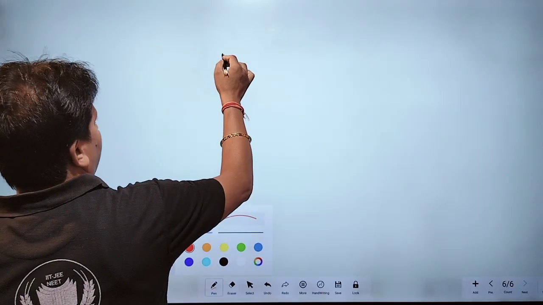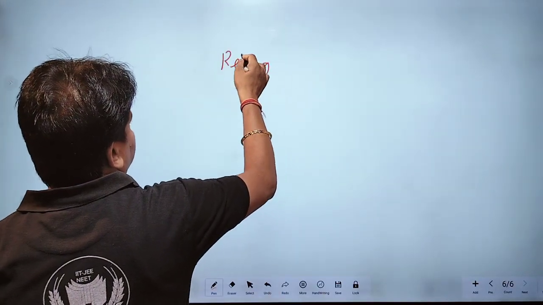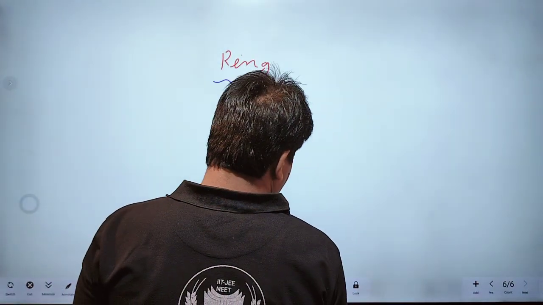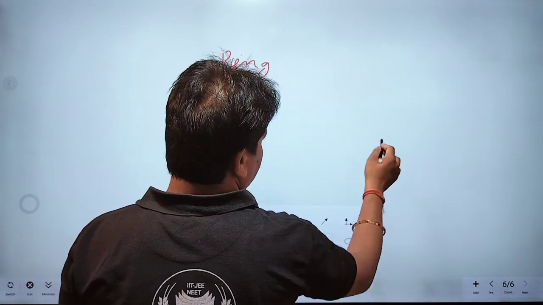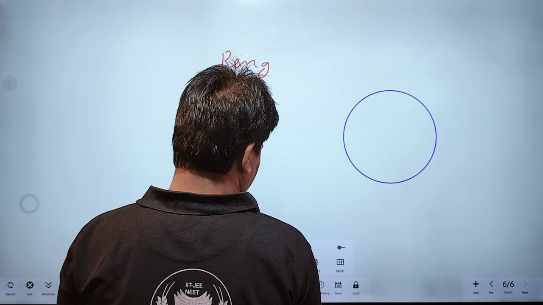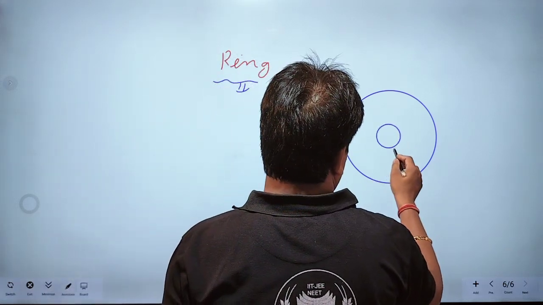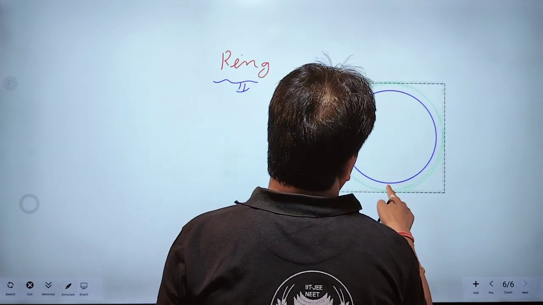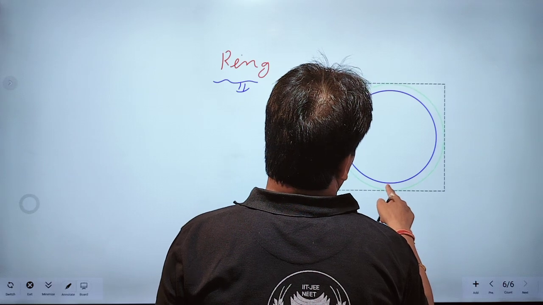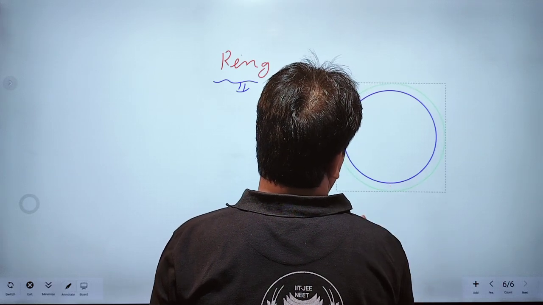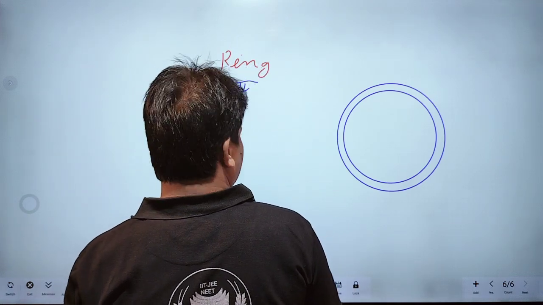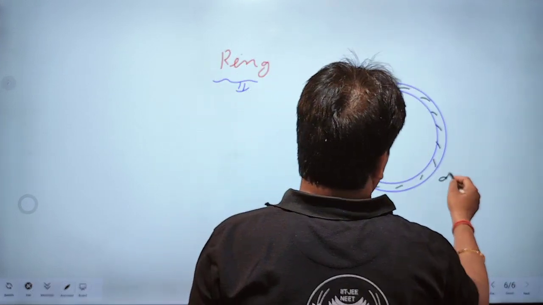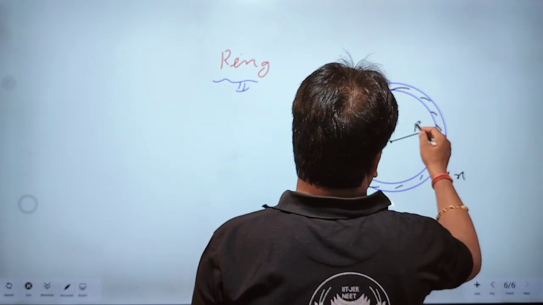What is a ring? Ring is just like this. Very small thickness. It has very small thickness dx, its radius is r.